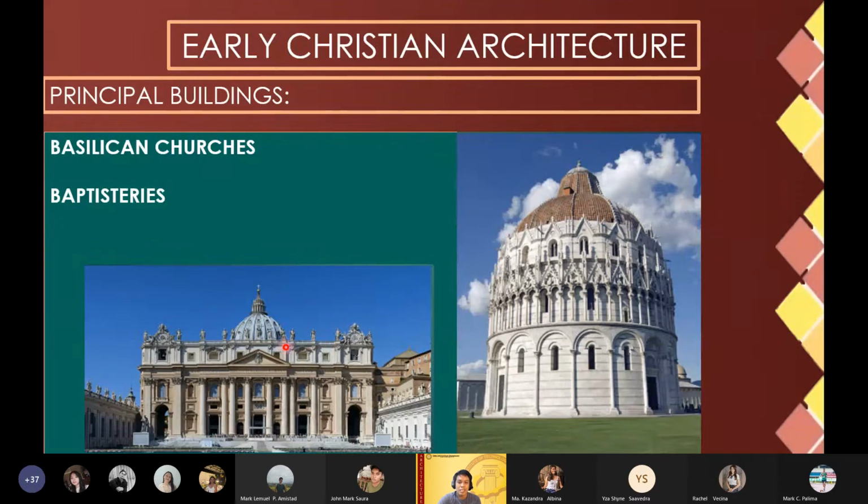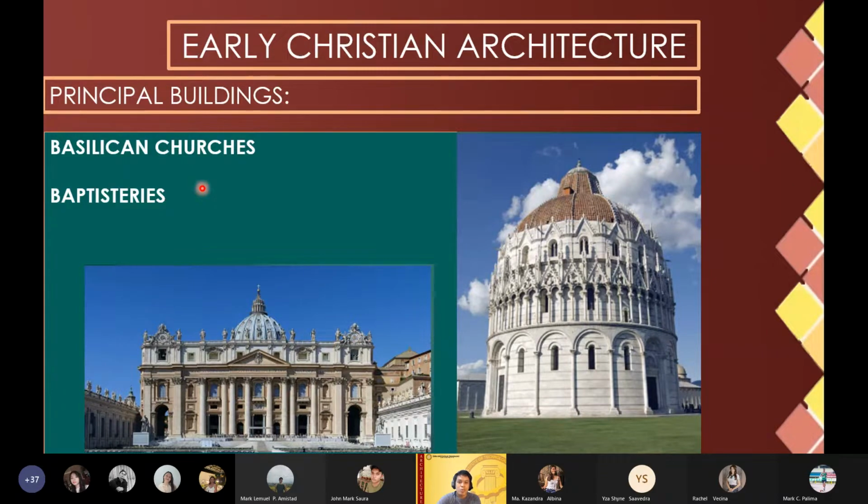So, what it says here, that the principal buildings for early Christian architecture are two. Duha lang gina siya. Dili siya pareha sa Roman architecture nga daghan kayo na mga Colosseum, na mga aqueducts, na mga basilica, and so on and so forth. I think there are so many types of buildings used in Roman architecture na medyo malimot na kita sa uban, but here in early Christian architecture, duha ra.